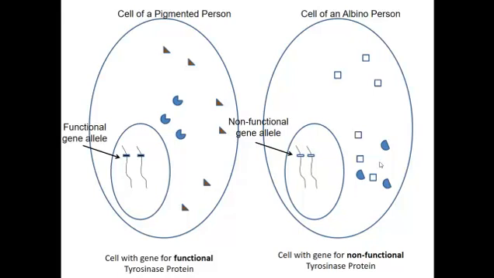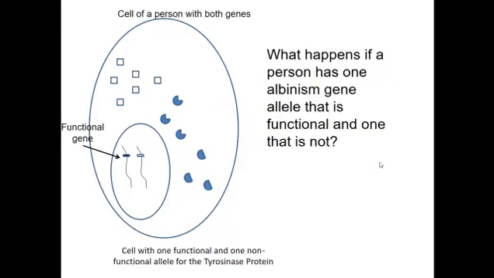So, does anybody remember what happens when we have one functional gene and one non-functional gene? Think about that for a moment and make a prediction for yourself. Now that you've made that prediction, you might notice in our picture that when we have a functional allele, we have some functional tyrosinase, and with the non-functional allele, we have some non-functional tyrosinase.